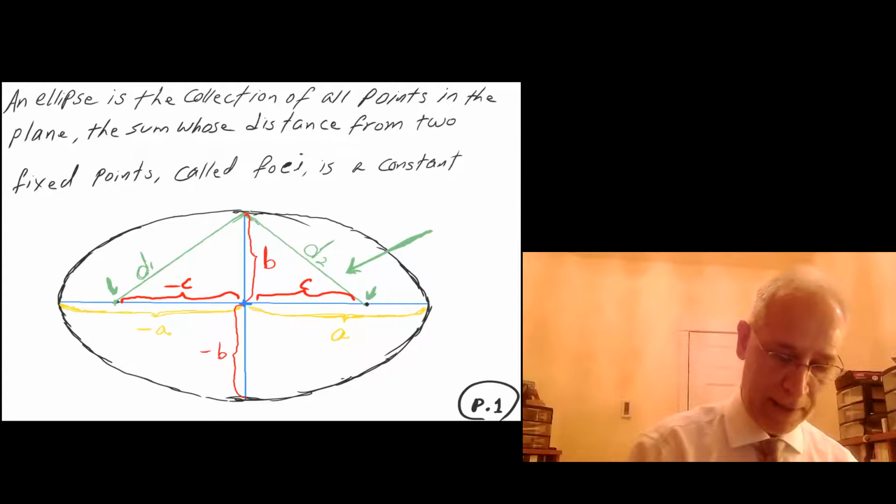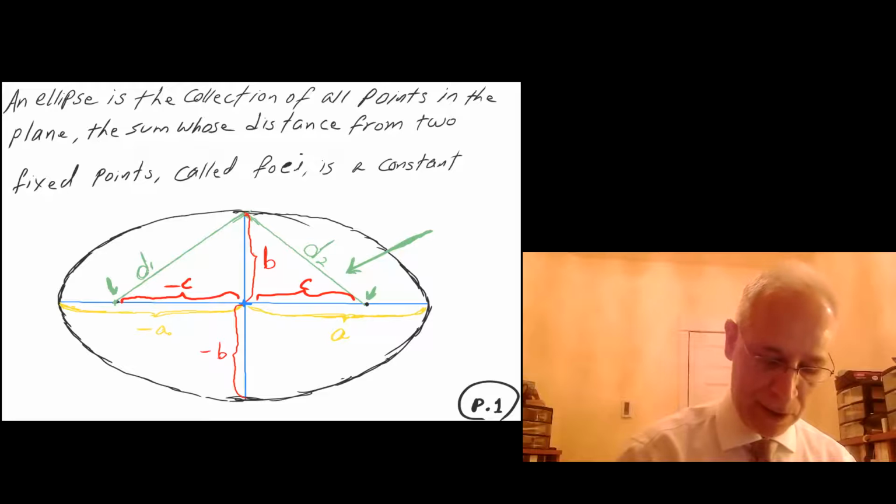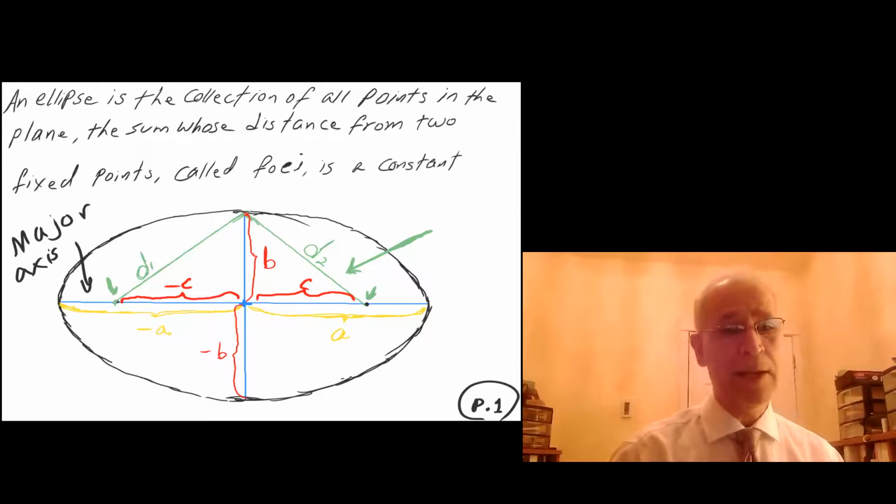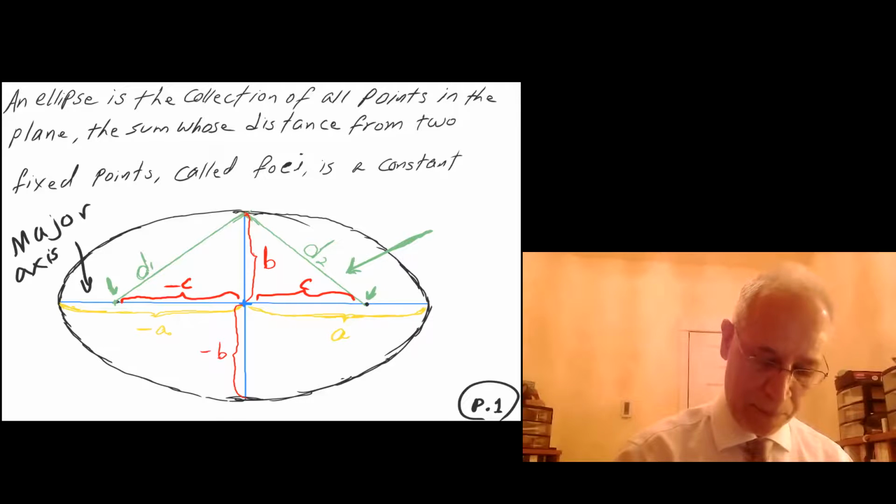the blue line here, which we call the major axis. And the vertical blue line here is called the minor axis.